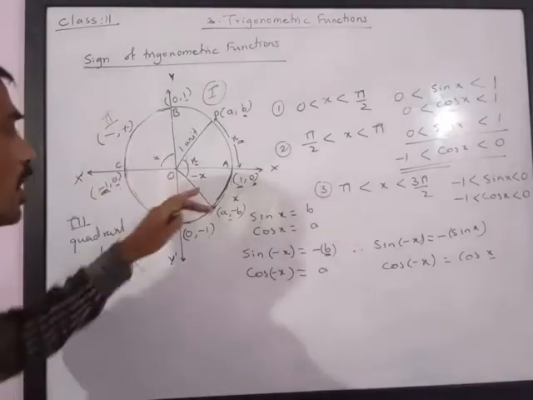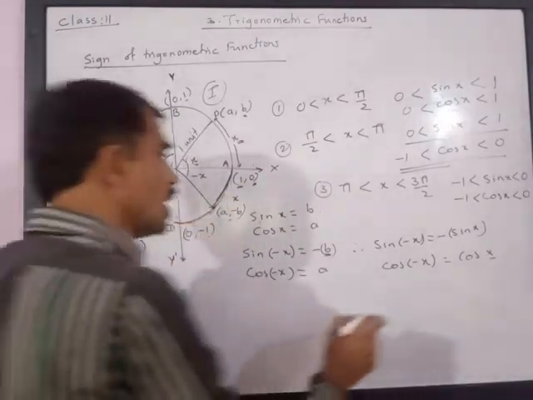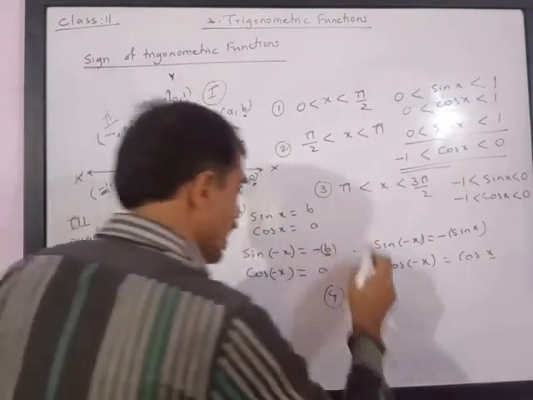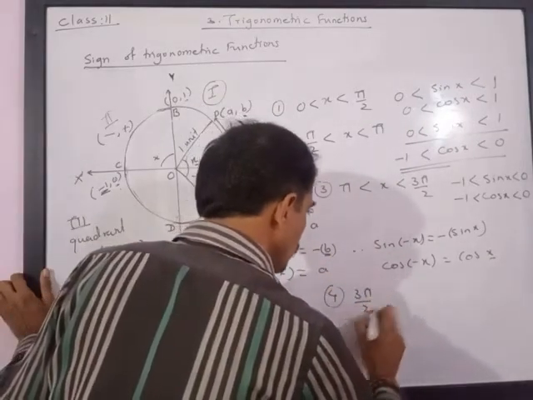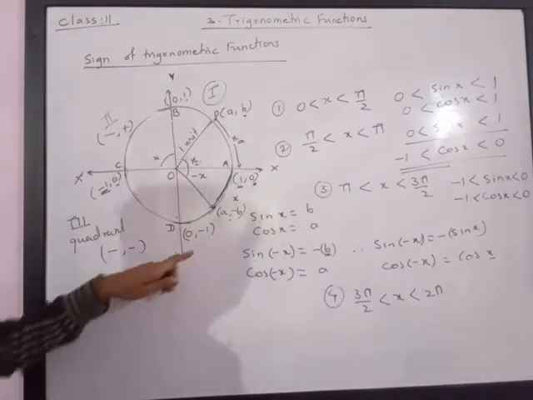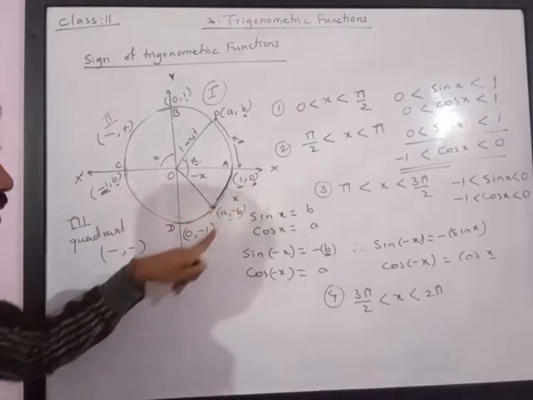Now in the fourth quadrant, let us see what happens. In the fourth quadrant, I am writing here, angles x lie between 3 pi by 2 and twice pi. Now here the sin value changes, that is, the y coordinate changes from negative 1 to 0.